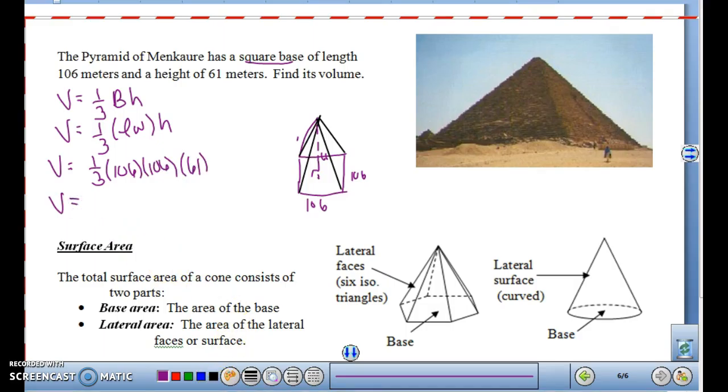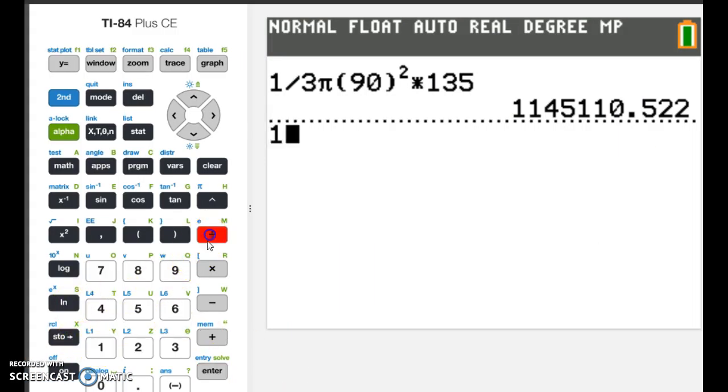So put that in your calculator. 1/3 times 106 times 106, and then times 61, I'm sorry, I said 135, that was the last problem.